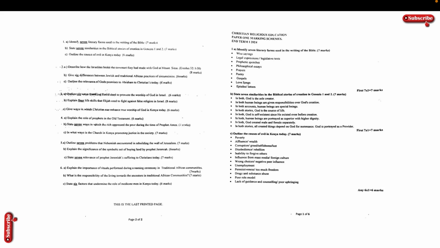But Moses besought the Lord his God and said, "O Lord, why does thy wrath burn hot against thy people, whom thou hast brought out of the land of Egypt with great power and with a mighty hand? Why should the Egyptians say, 'With evil intent did he bring them forth, to slay them in the mountains, and to consume them from the face of the earth'? Turn from thy fierce wrath, and repent of this evil against thy people.